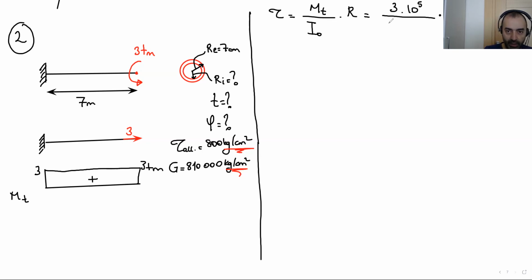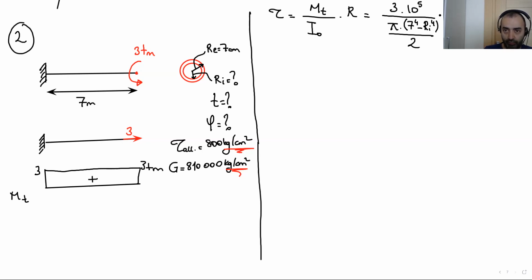Let's do it. Pi times the external radius to the power 4 minus the internal radius to the power 4, over 2. So this equals the allowable stress, because we can't carry a stress higher than the allowable stress.